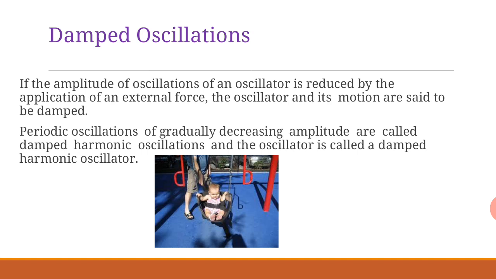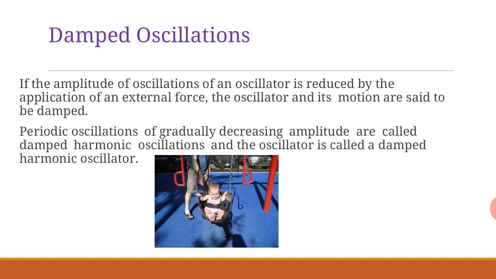Now here we will say that the swinging is an oscillation because it is going to and fro, and the distance covered by the swing can be called the amplitude. So if the amplitude of oscillation of an oscillator is reduced by the application of an external force, the oscillator and its motion are said to be damped oscillation.